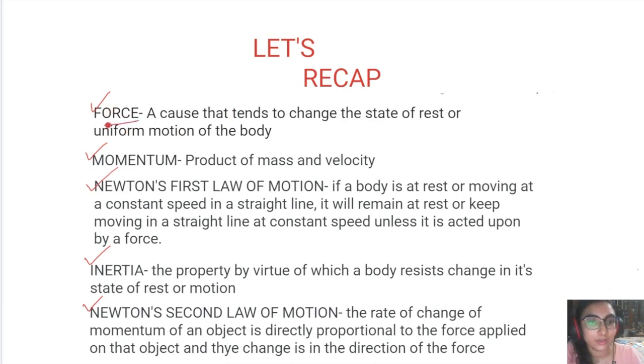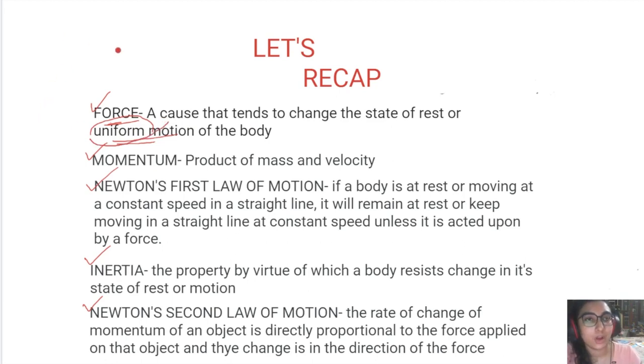We had talked about the fact that force was a cause that tends to change the state of rest or uniform motion of the body. The term uniform here is important. Now, why is that?